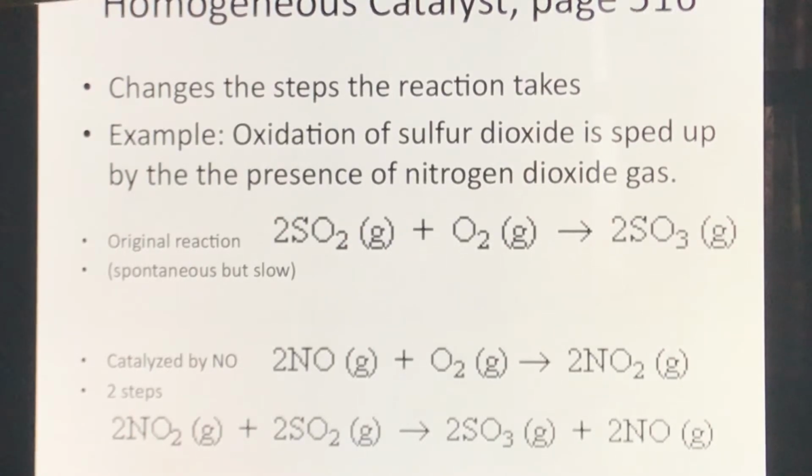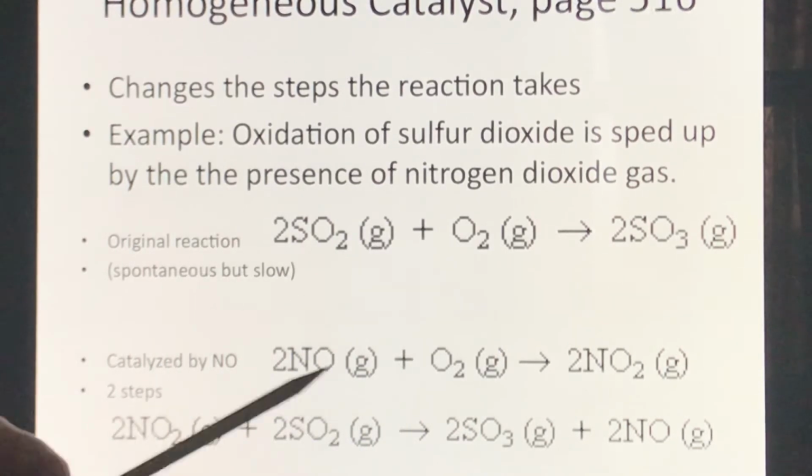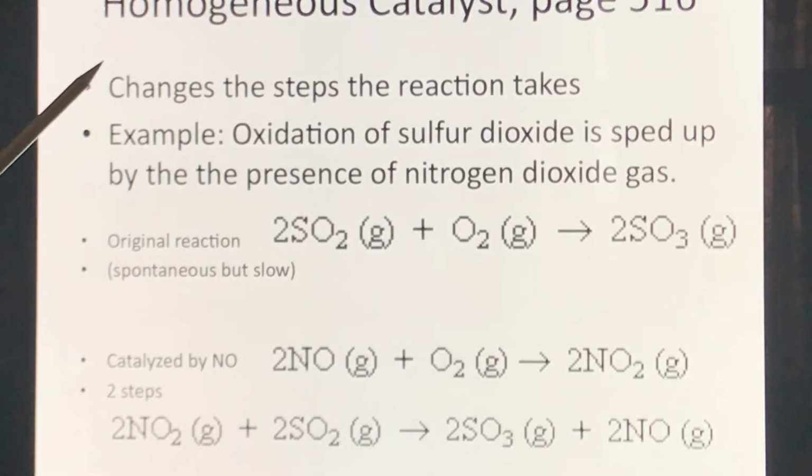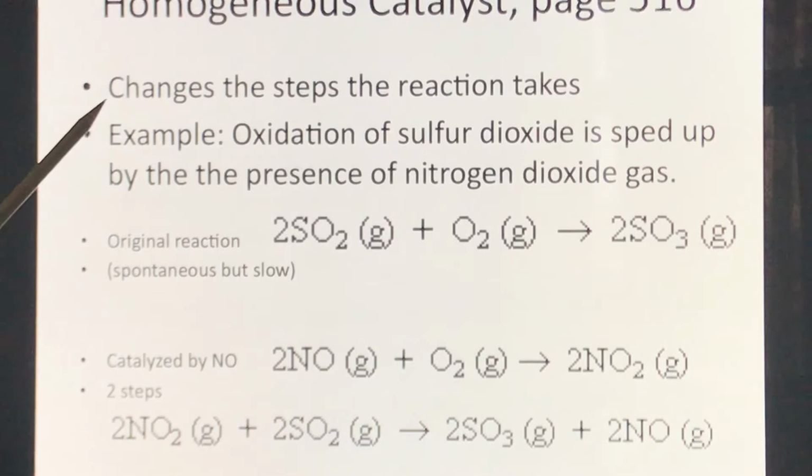Then our homogeneous catalyst is a little different. First of all, we mentioned that it will be used in the same phase as the reactants. So in this case, our reactants are gas, and so our catalyst would also be found in the gas form. However, as compared to the heterogeneous catalyst, the homogeneous catalyst actually changes the steps that the reaction takes.